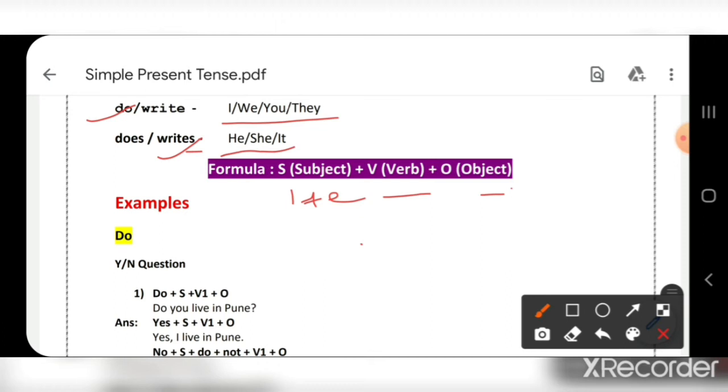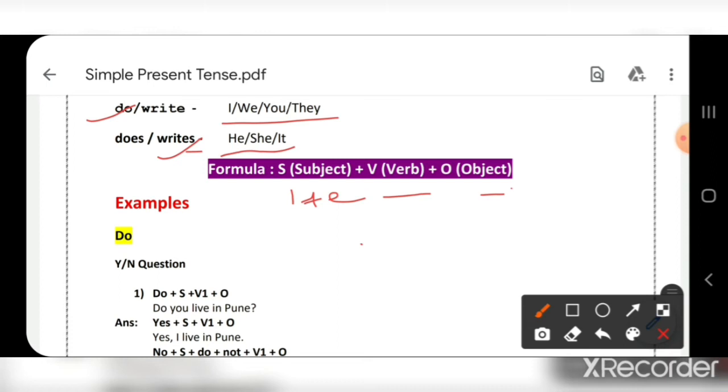That means writes, we use writes, s we apply. If it is catch, then it becomes catches. If it is watch, watch is a main verb or an action word, then we use watches. In this way we have to apply s or es.